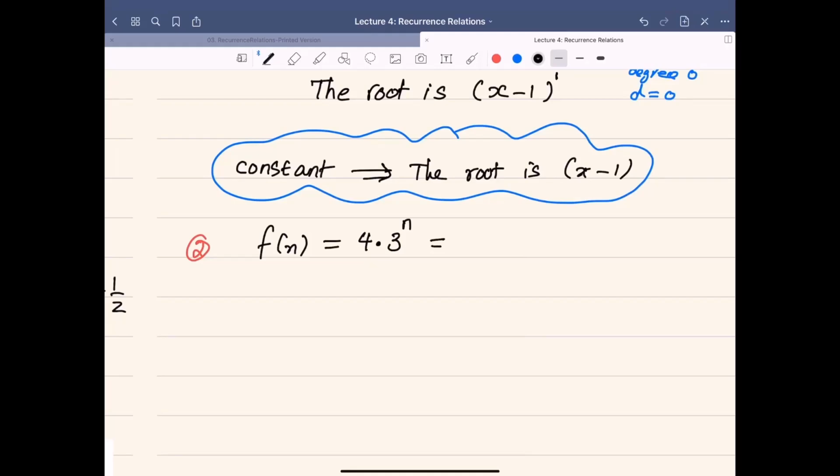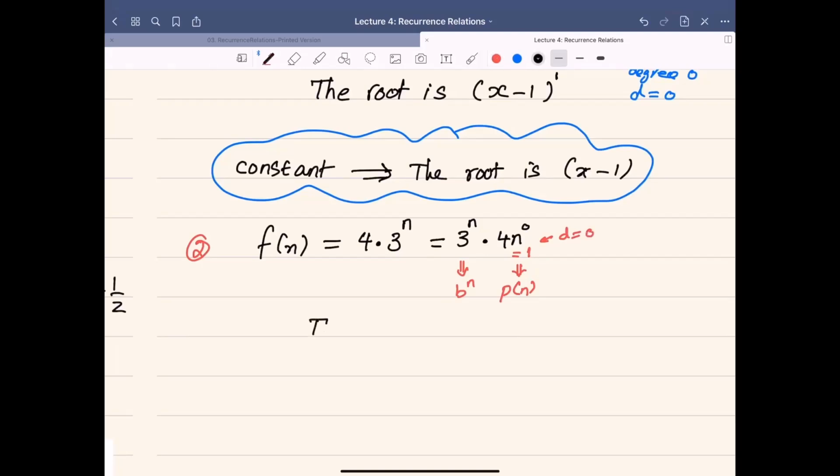This is equal to 3 raised to power n multiplied by 4n raised to power 0, and you know that anything raised to power 0 is 1. So I rearranged it. This is b raised to power n, and this is the polynomial. And the degree of the polynomial is equal to 0.